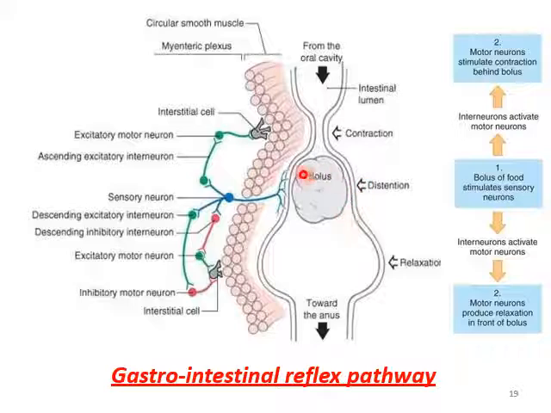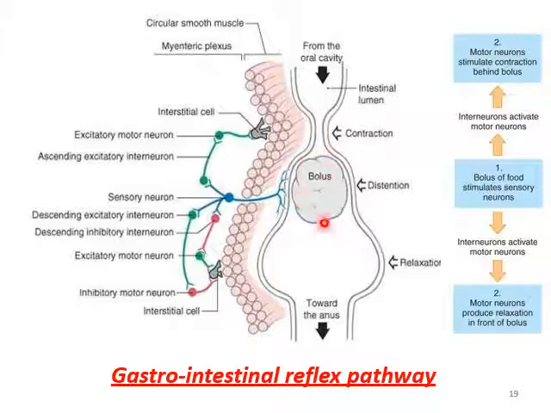Now what happens, for example, this is the bolus of food, and this is your intestine, and it comes here. You can follow this. Number one, the bolus of food stimulates sensory neurons. We said the sensory neurons are excited by stretch, and whenever they are distended by the stretch, they activate the motor neurons, and the motor neurons produce relaxation in front of the bolus.